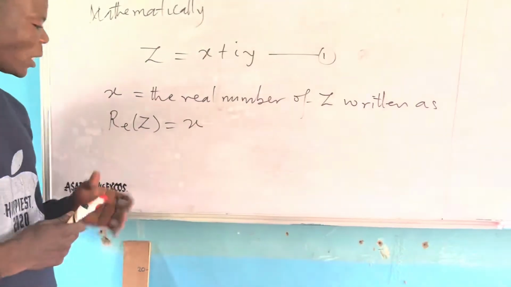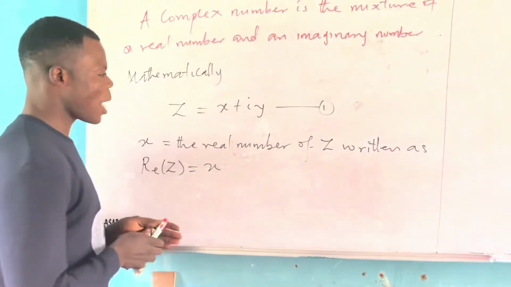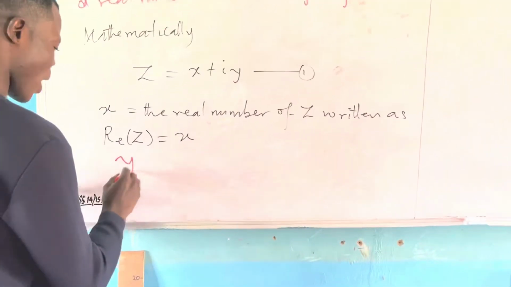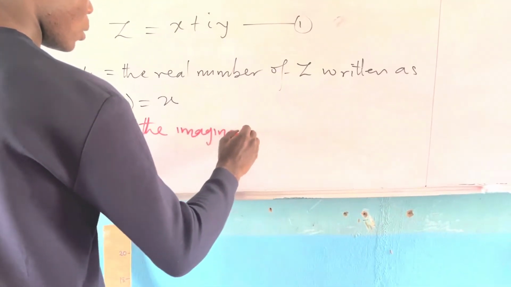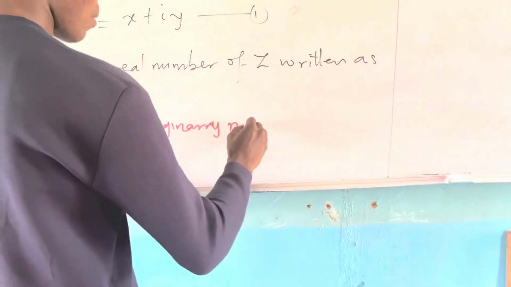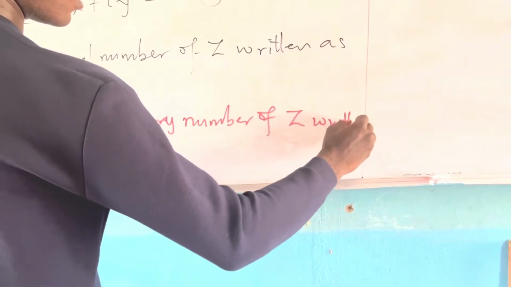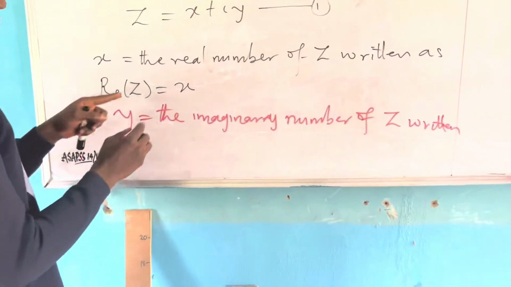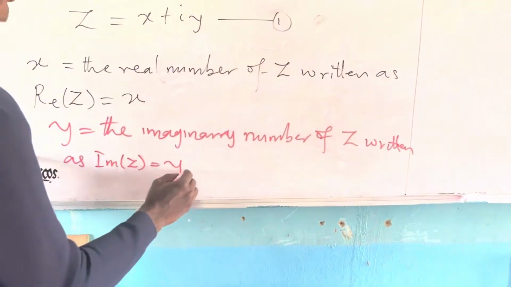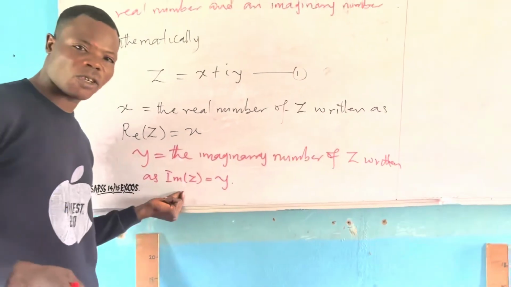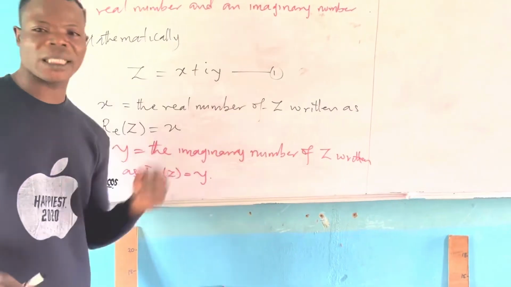So we can write that the real value for this z is x, and y is equal to the imaginary part of z, written as Im(z) equal to y. That is, the imaginary part of z is y. So we have real number and imaginary number.